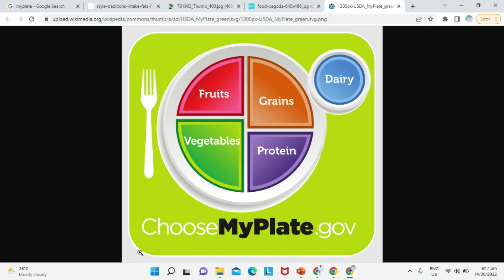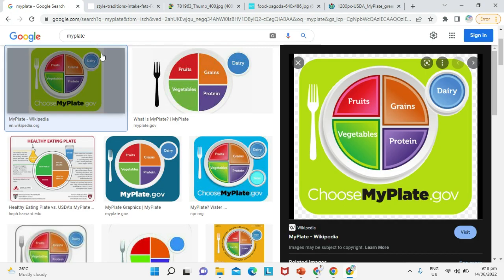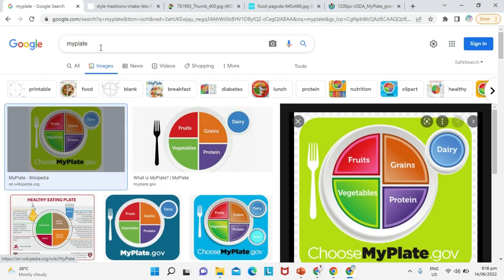Okay, so this is the food guide that is the official food guide of the federal government of the United States of America. Okay, sige. Proceed ta sa Canada.